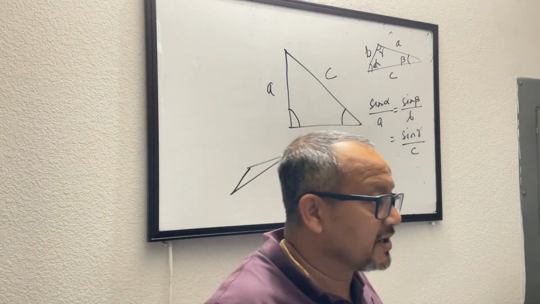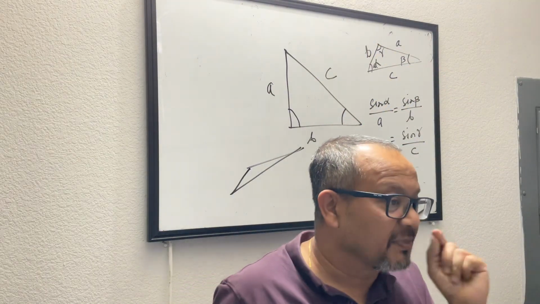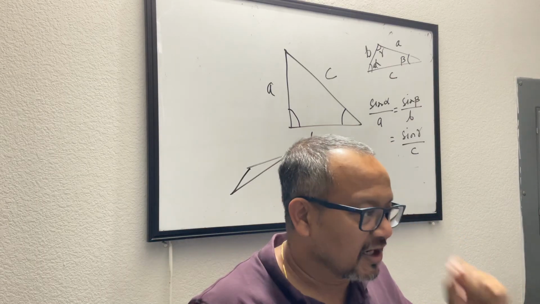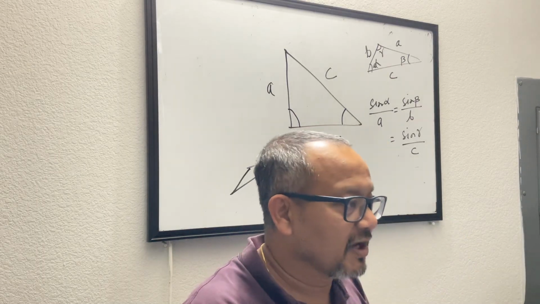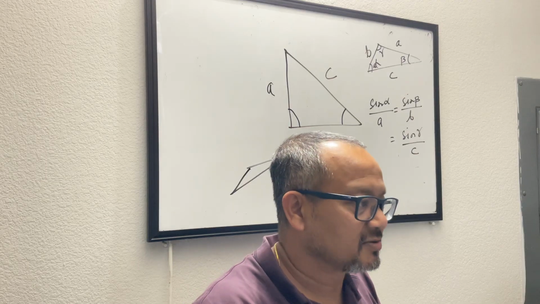So law of sine says that there is a relationship between your sides and the sine of the angle, and they are in the same proportion.